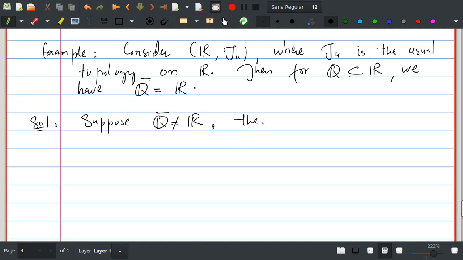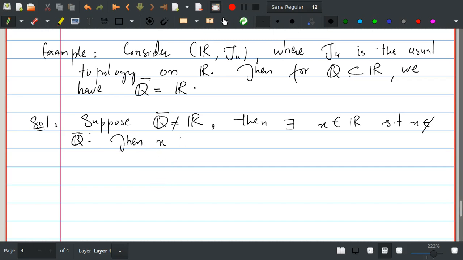Then there exists x in R such that x is not in Q closure. Now x not being an element of Q closure means that x is an element of the Q closure complement.